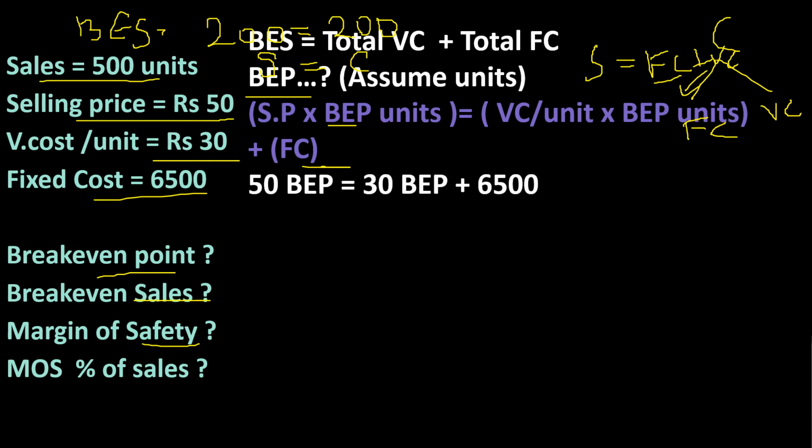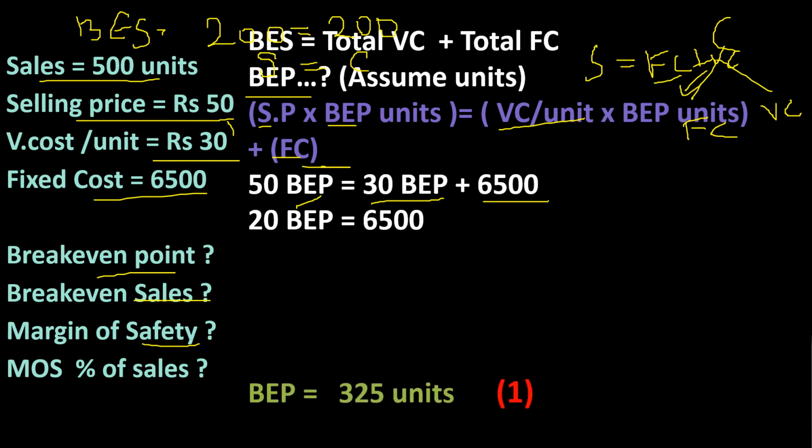So the selling price is rupees 50 into BEP units that we have to find out, is equal to variable cost per unit, which is rupees 30, into BEP, plus fixed cost 6500. So by solving this we get 20 BEP is equal to 6500, BEP remains here and 20 goes to this side.